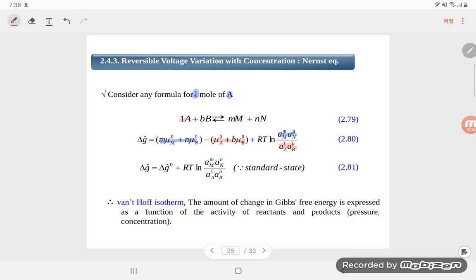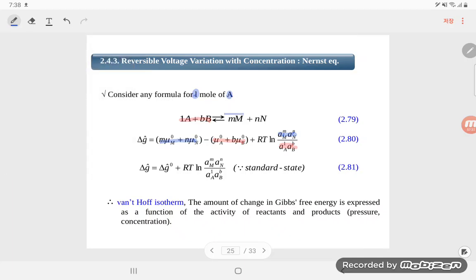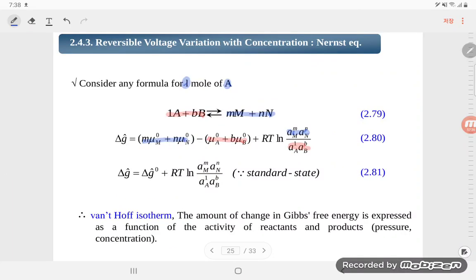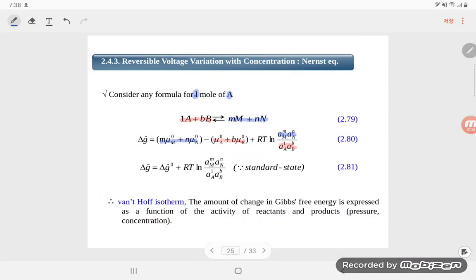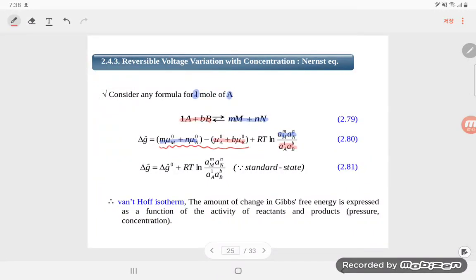No, reverse. This is the reactant, and this is the product, right? So we can calculate this one. And what is this one? This is the delta G in the standard condition, right? So we have to insert each value in here for the activity.